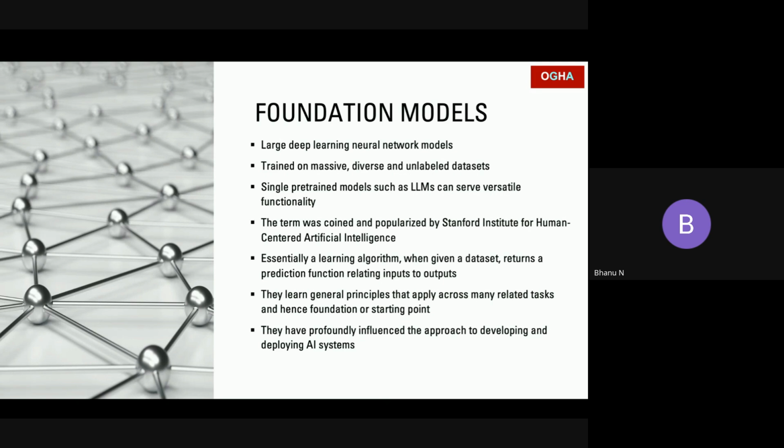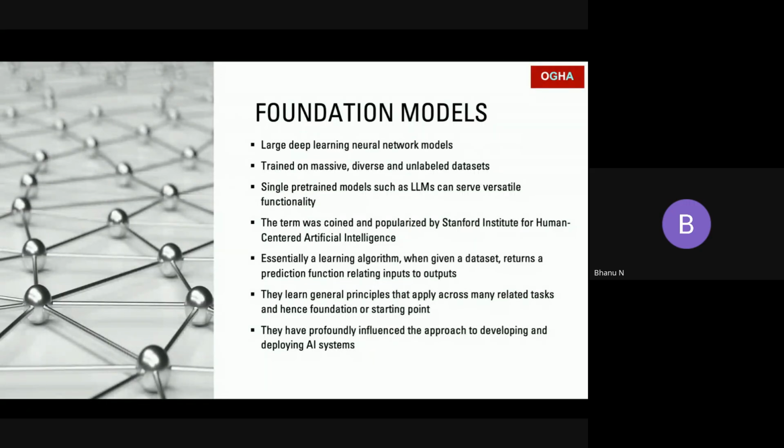In essence, they just predict what is in the sequence, the next best word. But that functionality is so versatile that we can do all these things. Now, the term foundation models was coined and popularized by the Stanford Institute for Human-Centered Artificial Intelligence, and it has taken off.